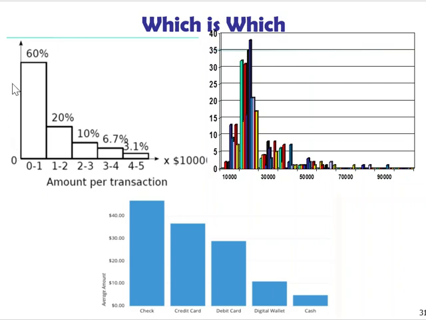Okay, so here what we can see is 60% of all transactions involve less than $1,000. So here it's between $0 and $1,000, and 20% of transactions involve a dollar amount between $1,000 and $2,000. So this gives us a distribution.